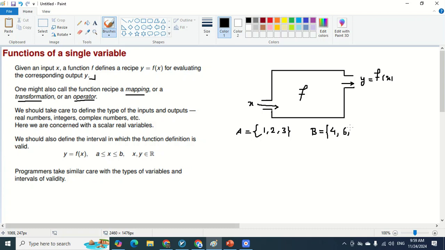Then this type of function, this type of mapping, just corresponds the values in the domain, or set A, to the values in the range, or set B.